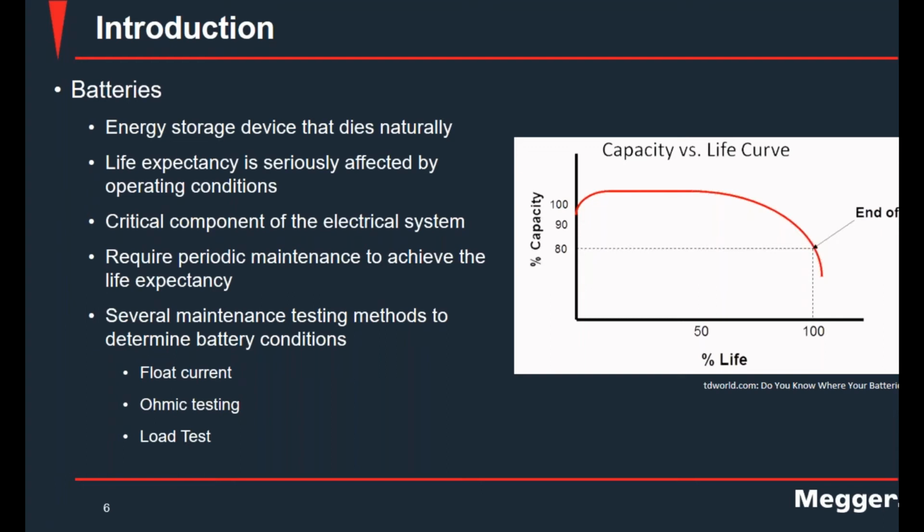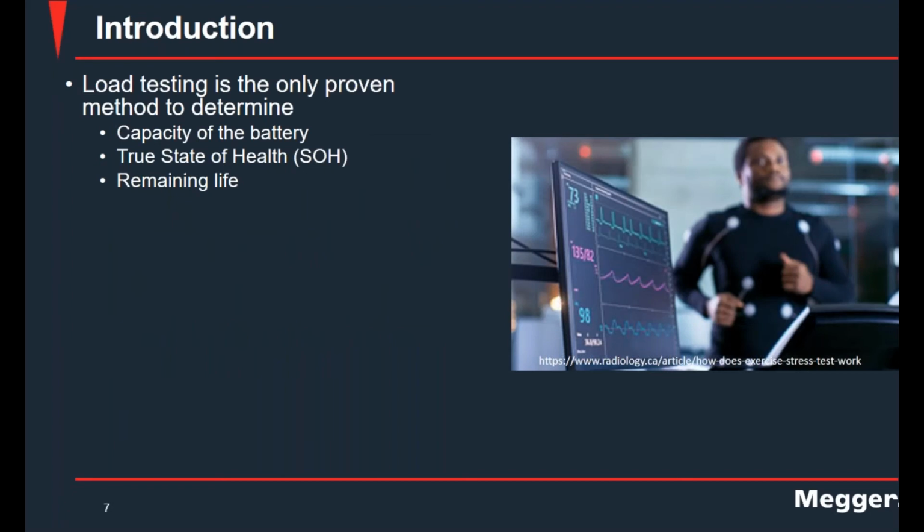There are several maintenance testing methods that are available to try to identify the condition of the battery. A very basic one is float current. Also ohmic testing is another very good test, which Andy is going to cover. And then load testing. Now, load testing is the only test that can tell you the real condition of the battery.